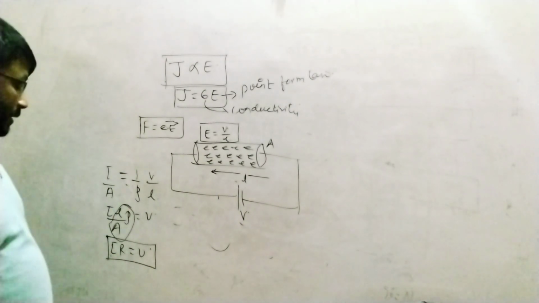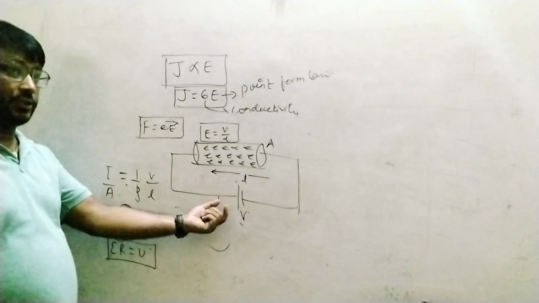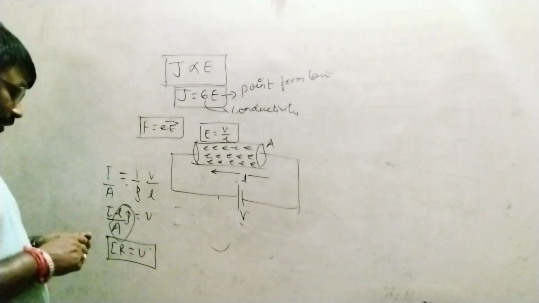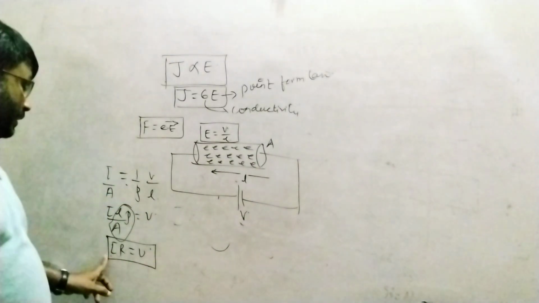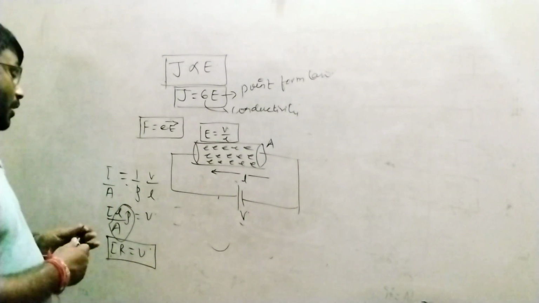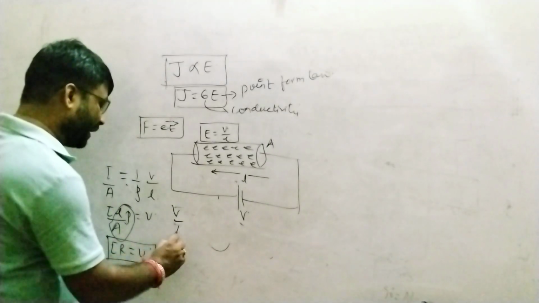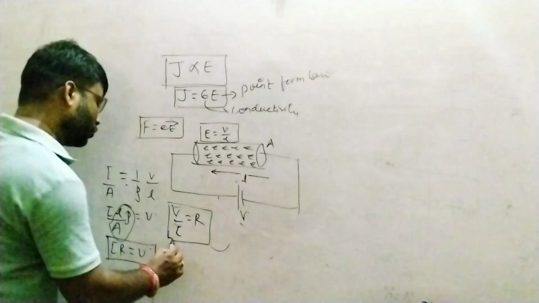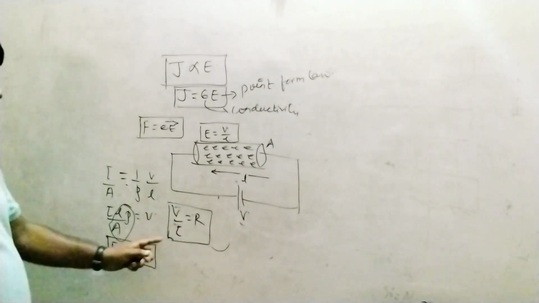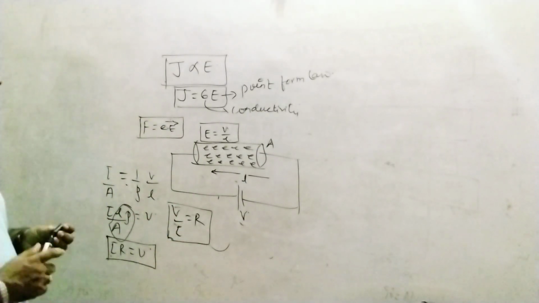So whenever the conductor is subjected to an external voltage source, the current is directly proportional to the voltage applied across it, that is V = IR, or the V by I ratio becomes a constant, and the slope of the VI graph will give you the resistance value.